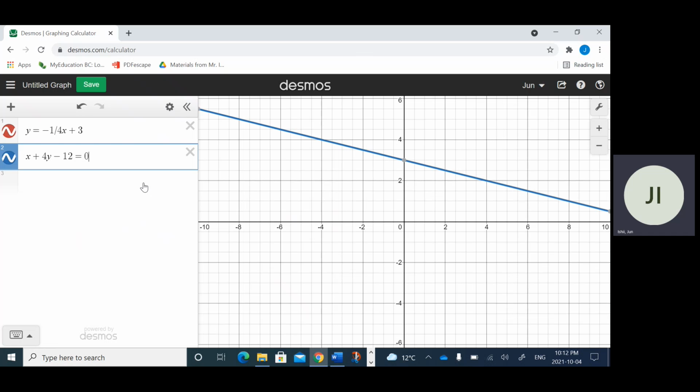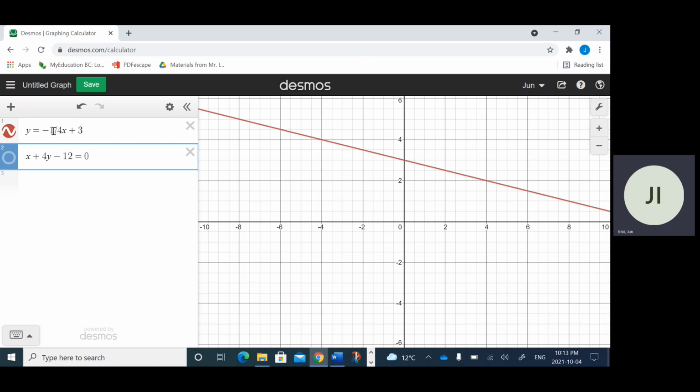You'll see the red line is now a blue line. The reason it changed to blue is because it's overlapping. In Desmos I can click here, which means don't graph it, so I'm back to the red one. Notice that, yes, it does overlap.